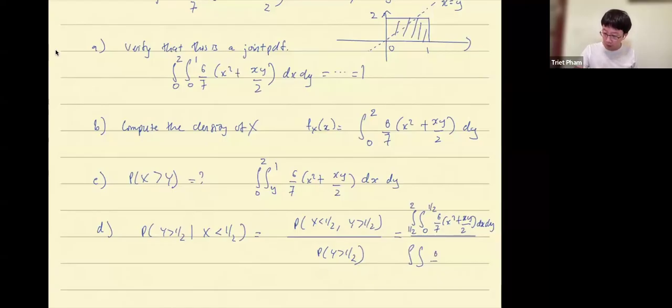For the denominator, x would go from 0 to 1, and y would go from 1/2 to 2. Any question?